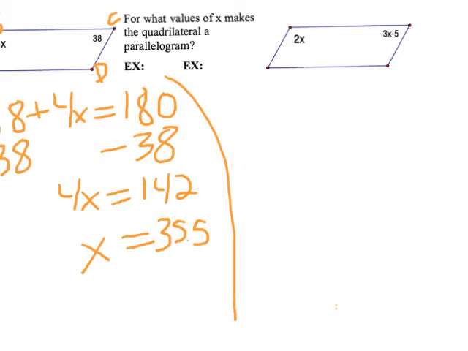Once again, we use the same idea to find x that makes this quadrilateral a parallelogram. Consecutive angles add up to 180. This would be a good problem for you to try on your own. I know that 2x and 3x plus 5 are supplementary. Using that information, find x on your own.